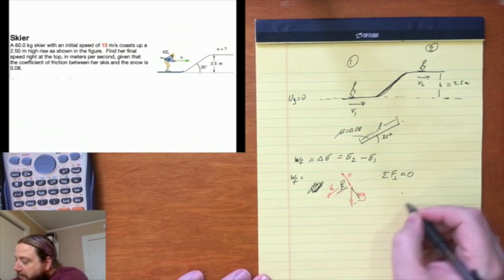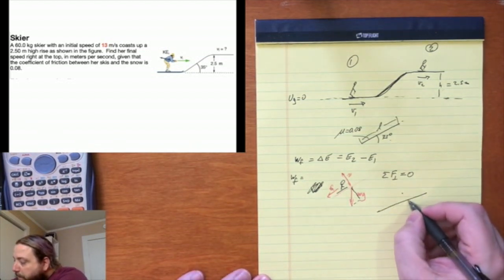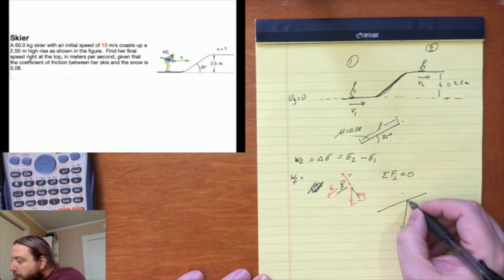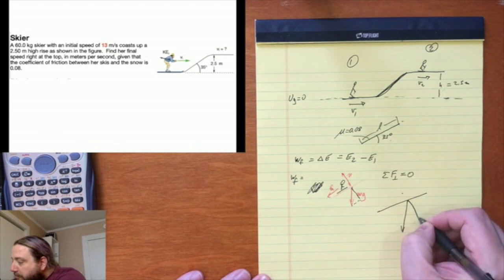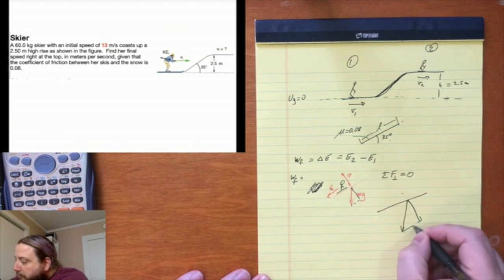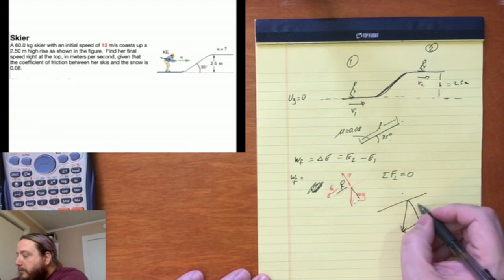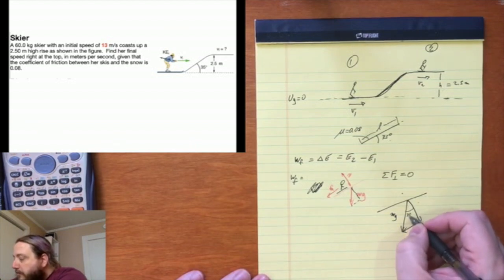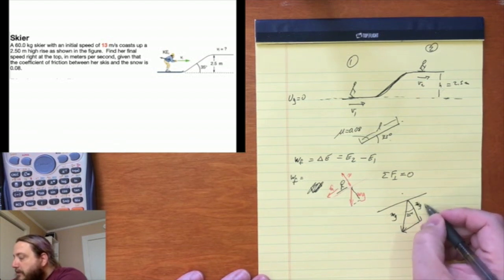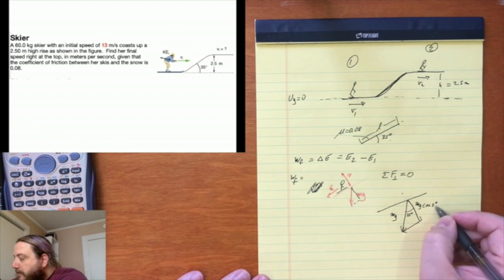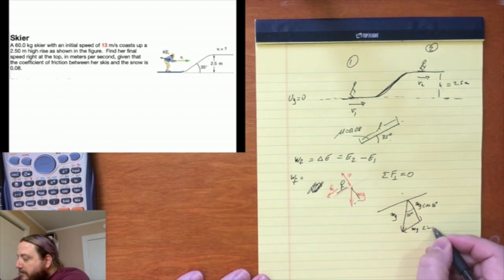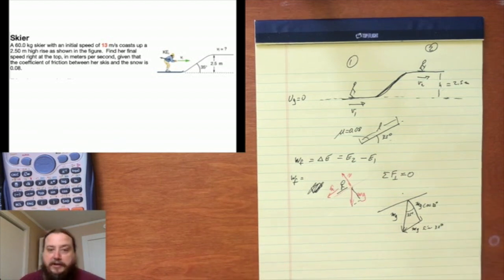Here's our angle, here's the weight force, and we convert this into a component perpendicular and a component parallel. If this is mg, there's our 35-degree angle. So this is going to be mg cosine of 35 degrees, and this over here is going to be mg sine of 35 degrees.